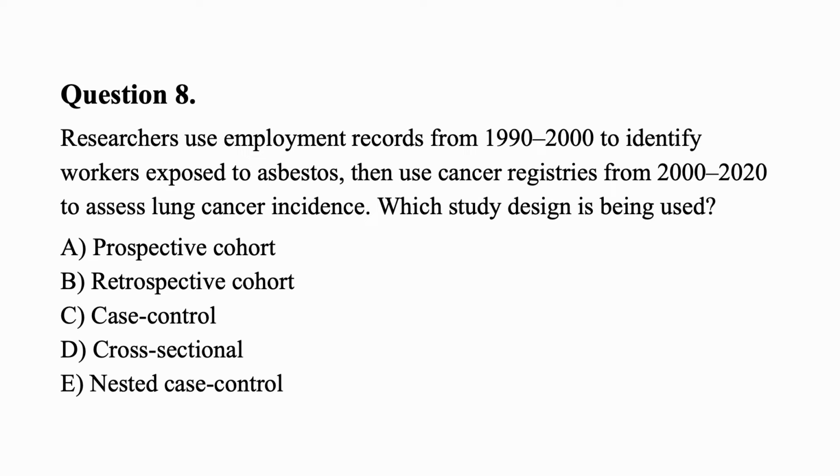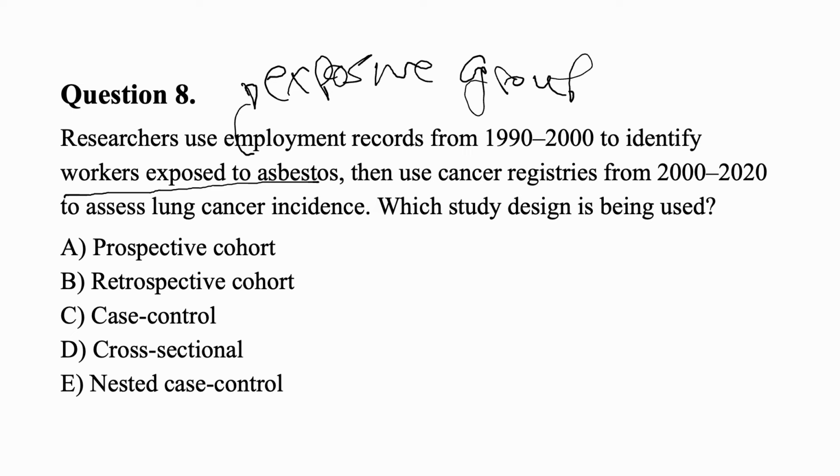So in this question, we're using employment records from workers that are exposed to asbestos. So we have an exposure here. So this is our exposure group. And then we're using cancer registries from the next 20 years to assess incidence of lung cancer among the different groups.